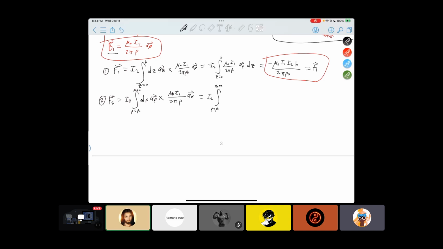So this is going to be I1 over 2 pi. Or actually, I could take this whole thing out of the integral. The only thing left in here should just be the rho. So let's take mu naught out. Mu naught I1 over 2 pi. And we're just left with 1 over rho AZ in here.